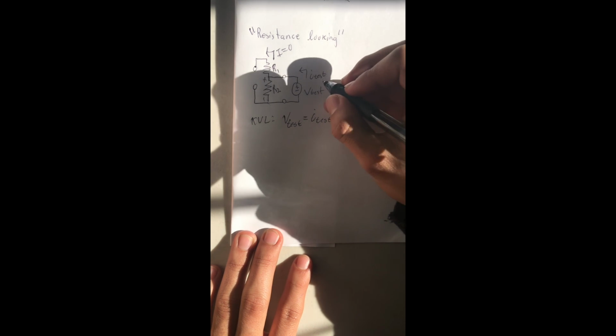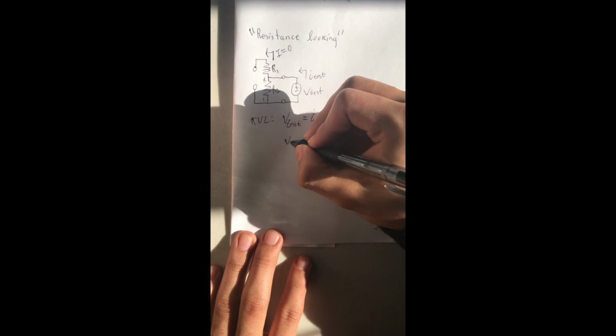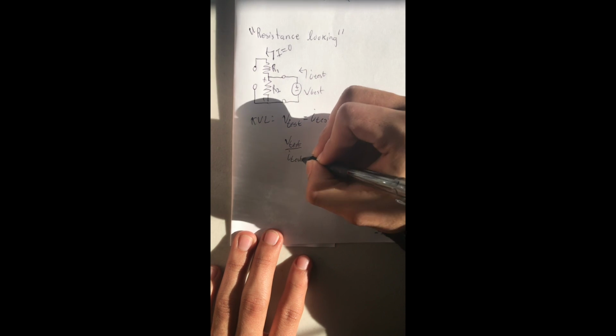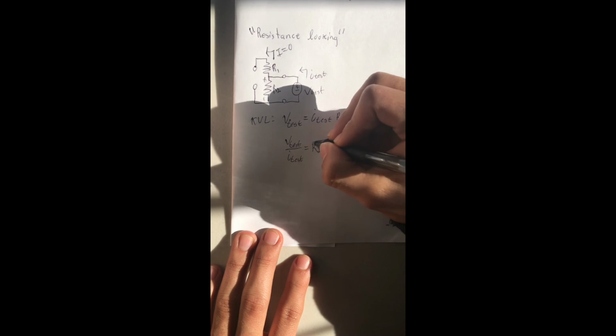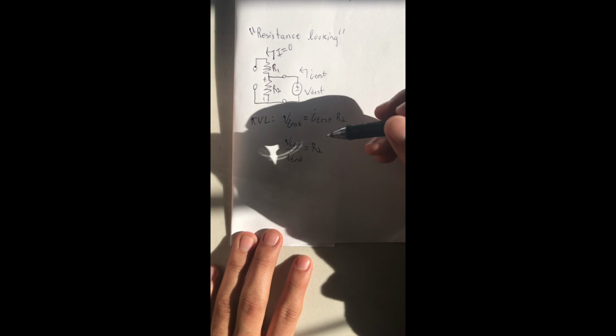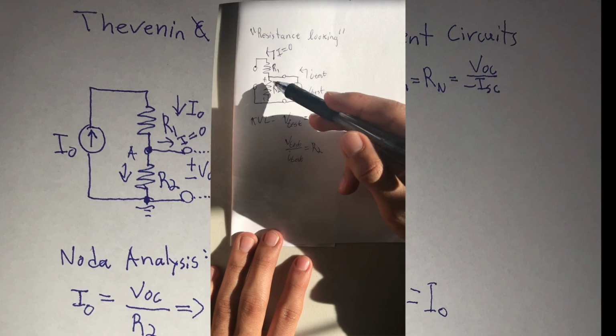So to find the resistance, we take the ratio between V test and I test, and that's simply R2. One thing to notice is that we could have done all this by inspection without having to write any of it down. The resistance looking in is clearly just the resistance across these two nodes, which is just R2.